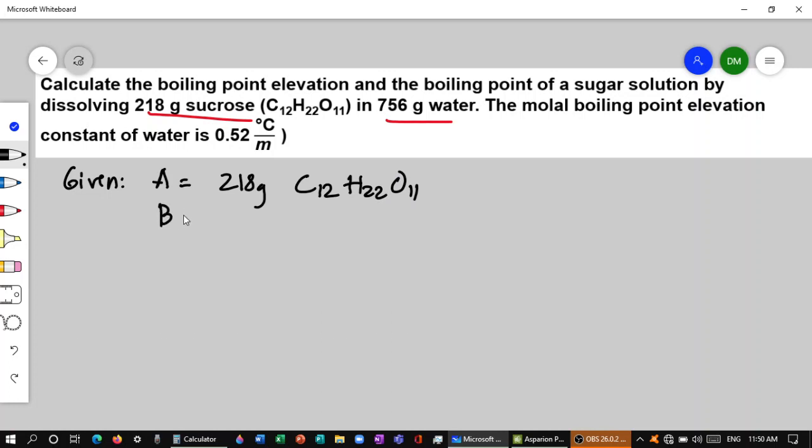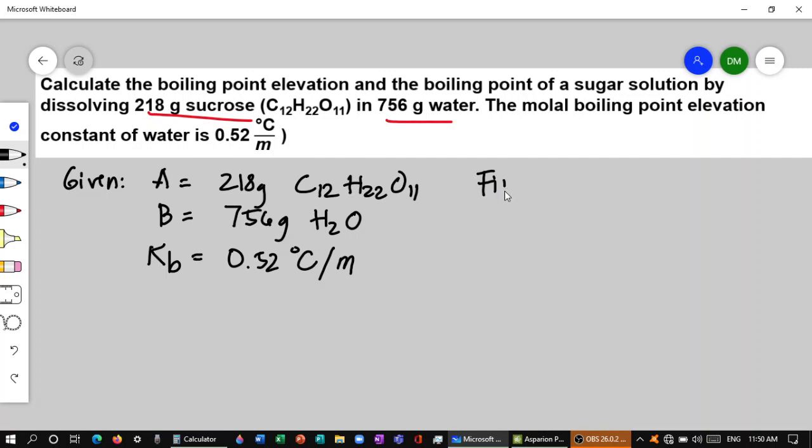And the solvent here is the water, it's 756 grams. And also given on the problem is the molar boiling point elevation constant for water, which is 0.52 degrees Celsius per molal.